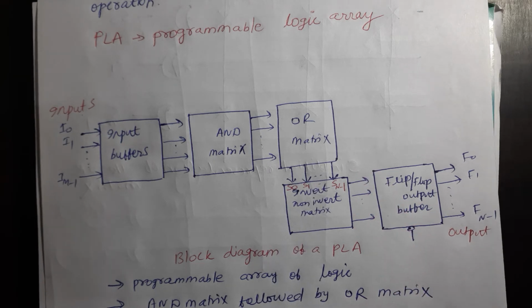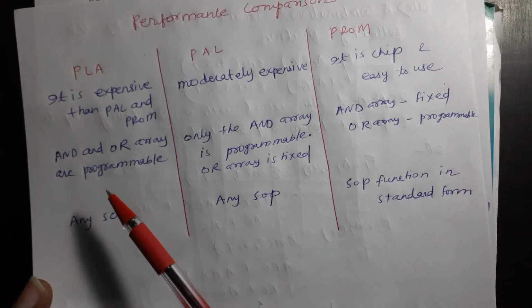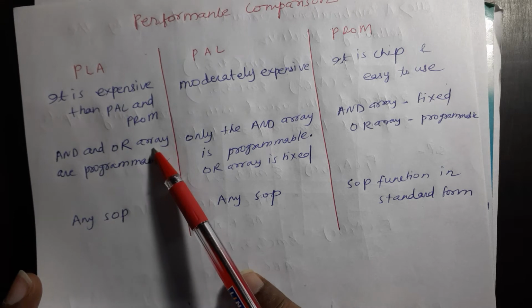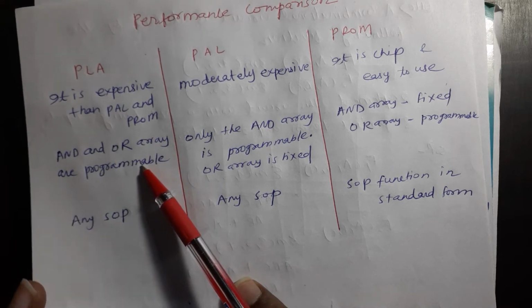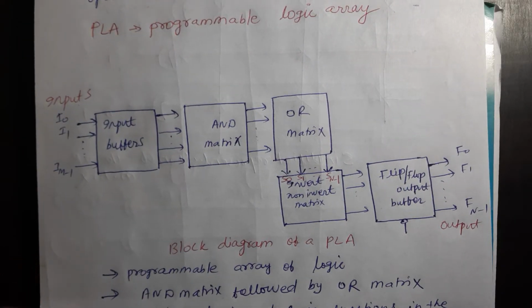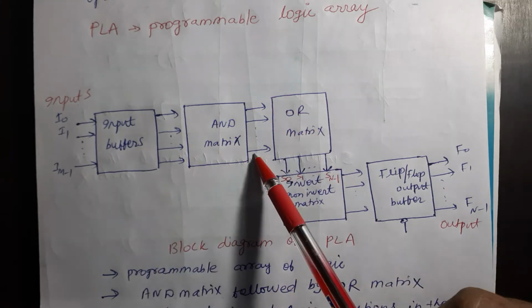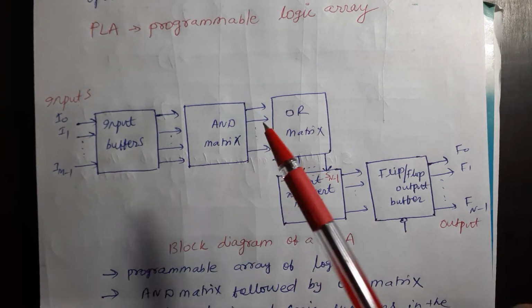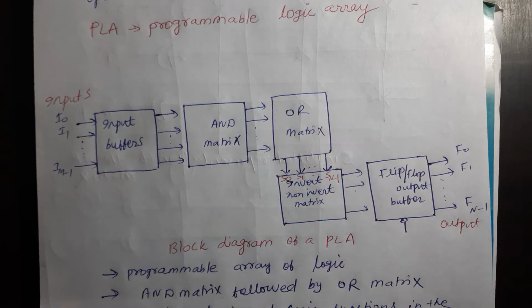But here the important point is that in PLA, AND matrix and OR matrix both are programmable, right? If AND matrix and OR matrix both are programmable, then it is called PLA, programmable logic array.